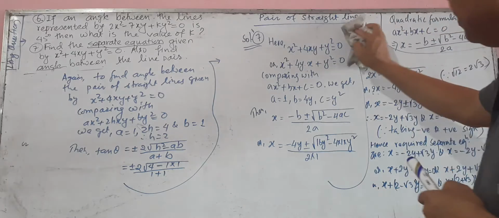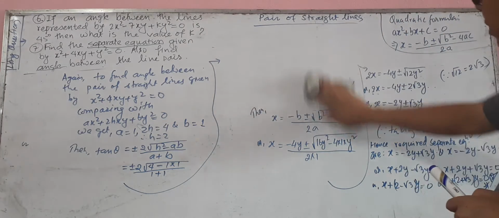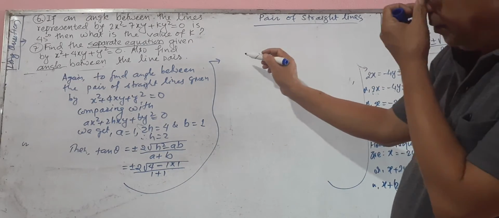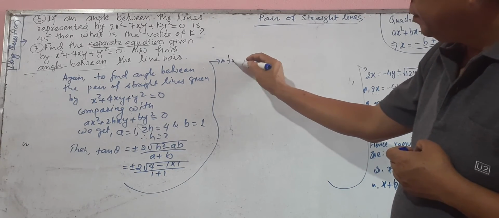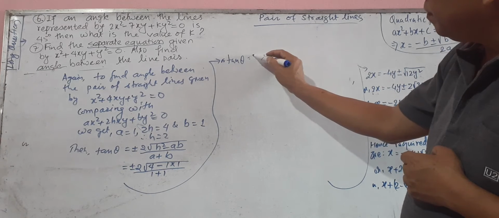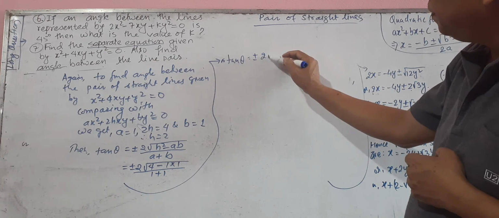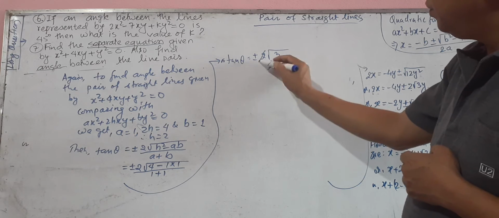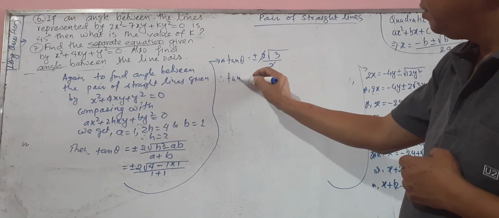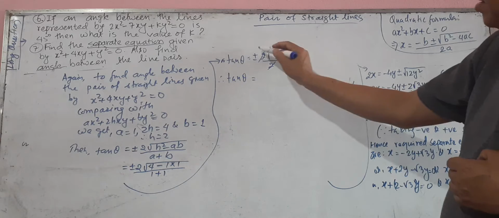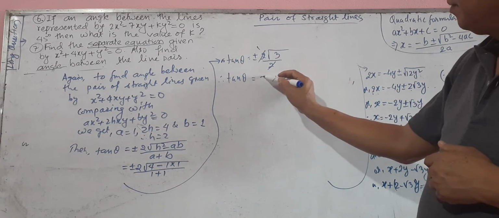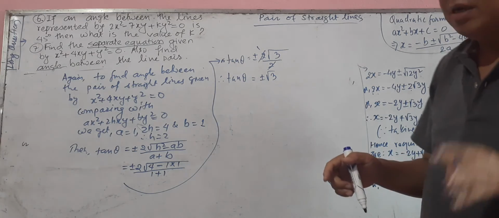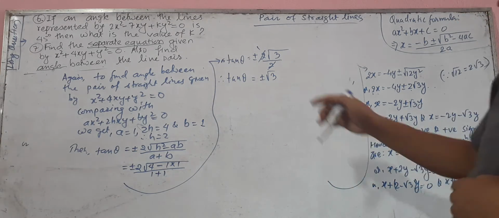Then tan theta equals plus minus 2 root of 4 minus 1, that is 3, divided by 2. The 2 and 2 are common factors in numerator and denominator and cancel, so we get plus minus root 3. We have two signs, so we get the obtuse and the acute angle.